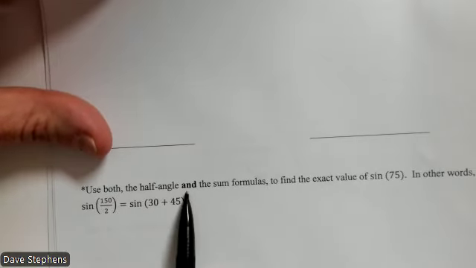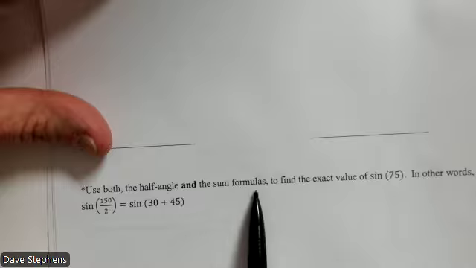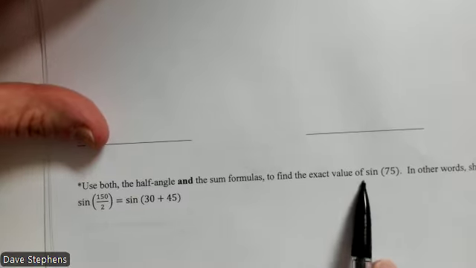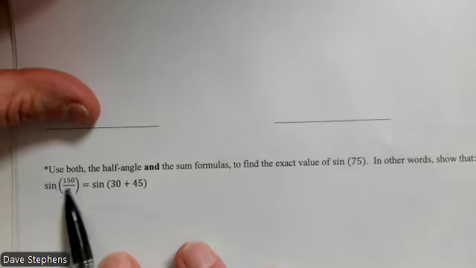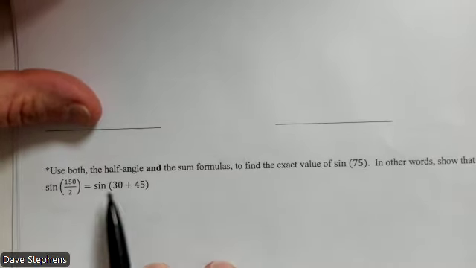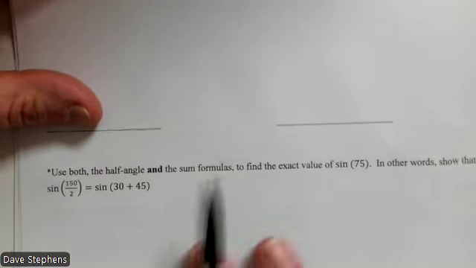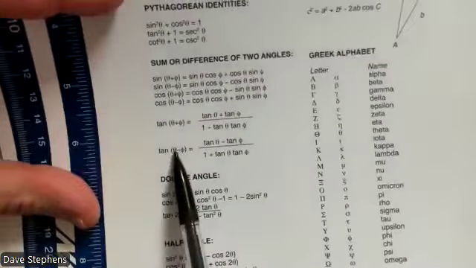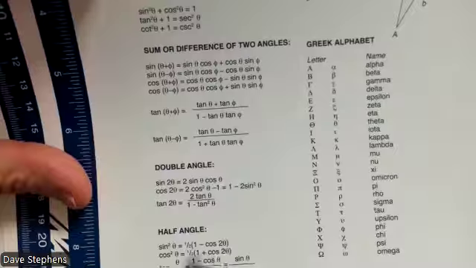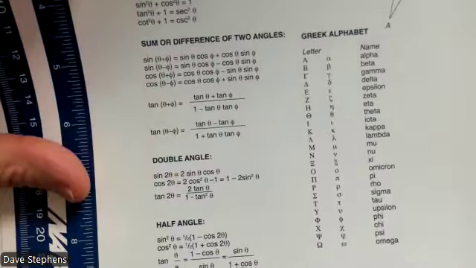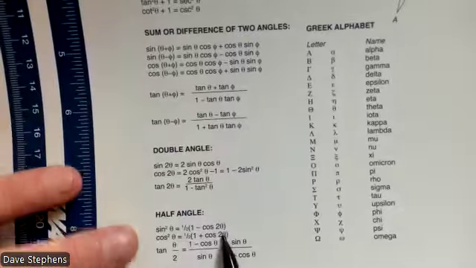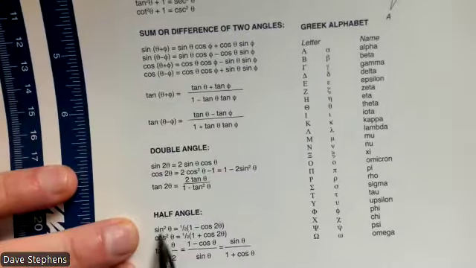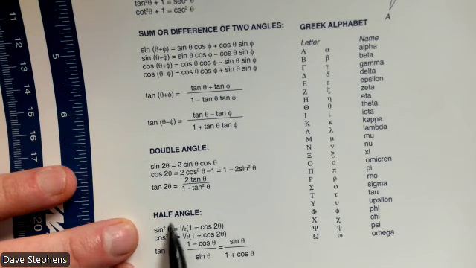So use both the half angle and the sum formulas to find the exact value of sine of 75. In other words, show that sine of 150 over 2 equals the sine of 30 plus 45. Okay. So let's go to our half angle. I really wish that they didn't do this.